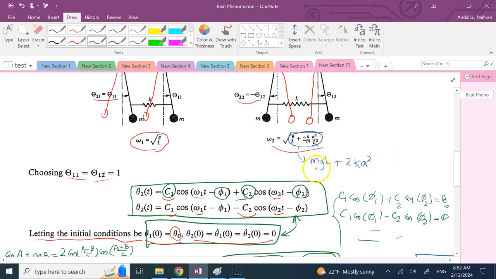And again, you have to multiply by ml squared, divide by ml squared, so you can write your omega 2 as this, under square root, divided by square root of ml squared. So now you see these two terms appear in here, and if we assume that k is small, this term can be neglected compared to this, right?